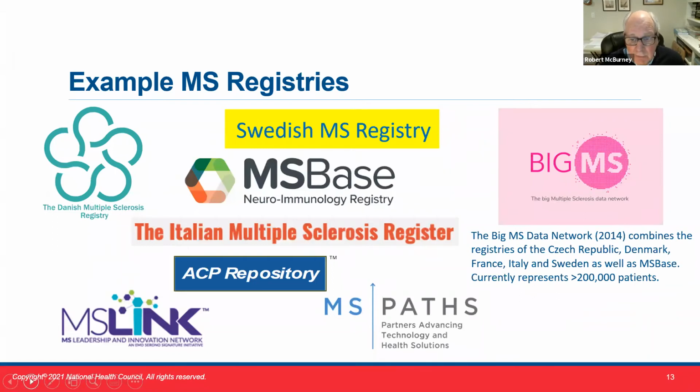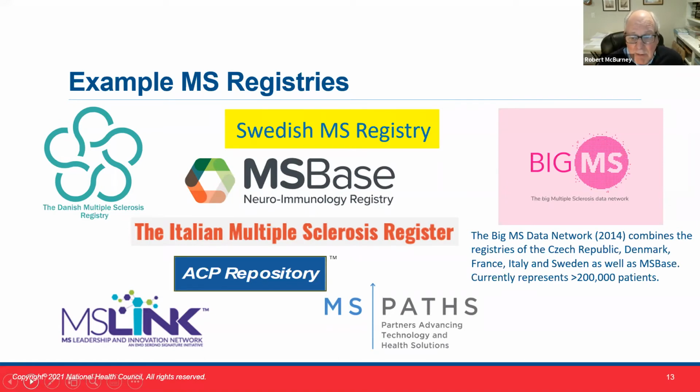And just recently, in the last 6 years, something called the Big MS Data Network was formed that combines the registries of a number of countries, as well as parts of MSBase.